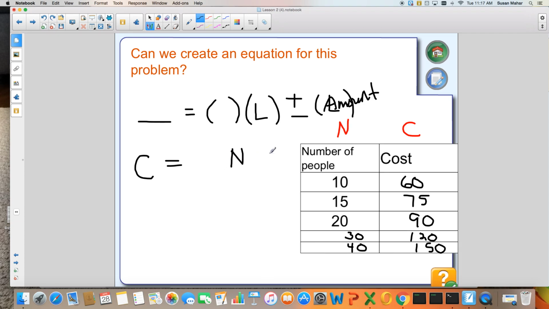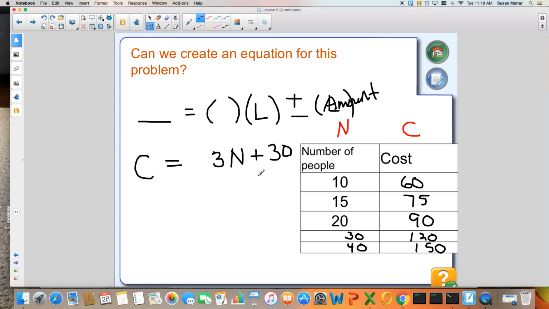So in this one, we're adding an amount, and the amount that gets added on every time is $30. Now, what do we multiply by the number of people? The number of people gets multiplied by 3. So in this equation, the cost is equal to $3 times the number of people plus $30.